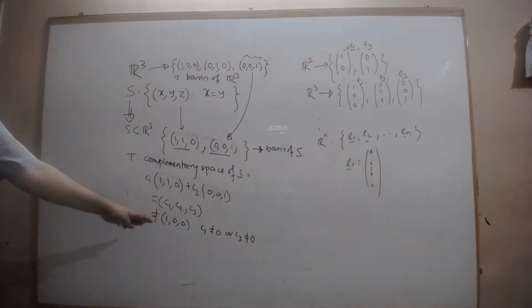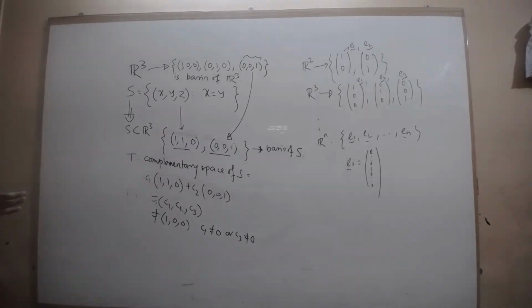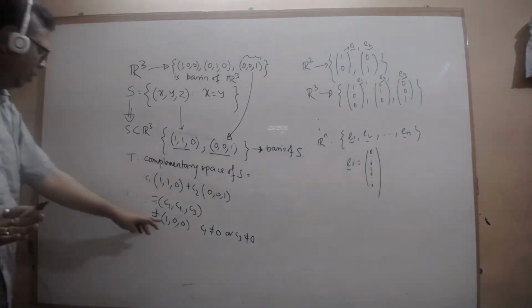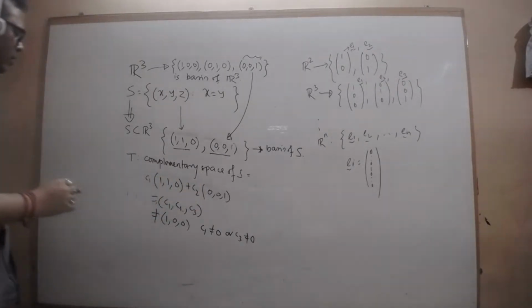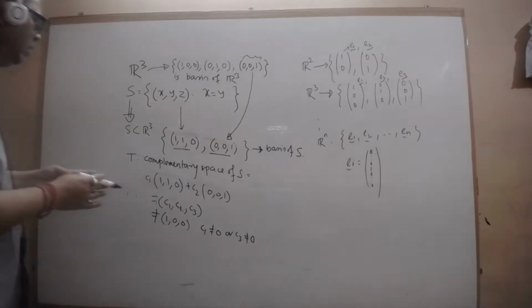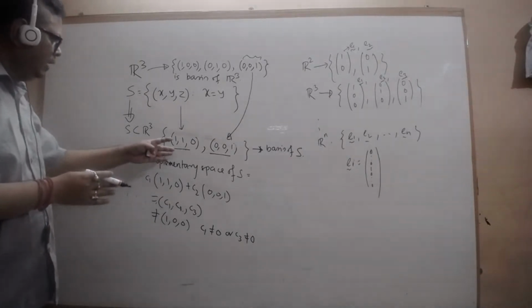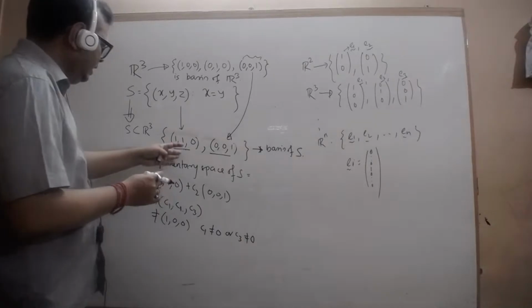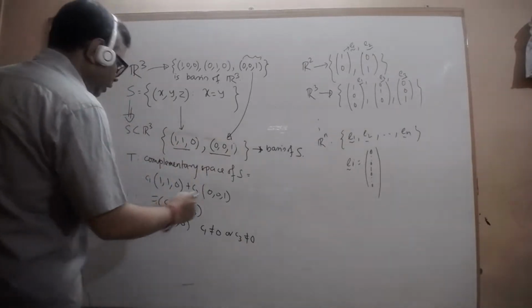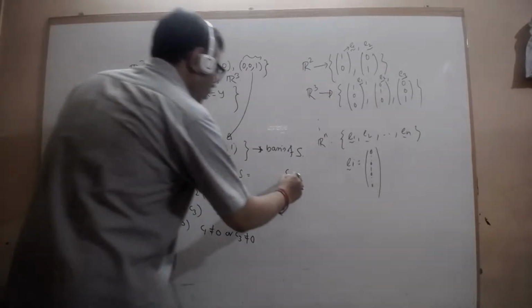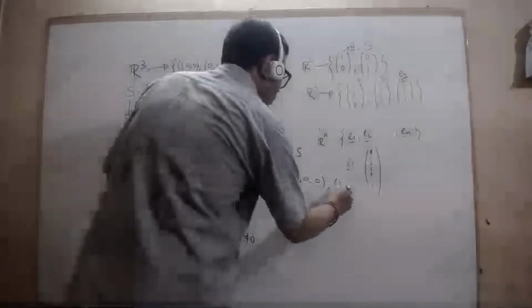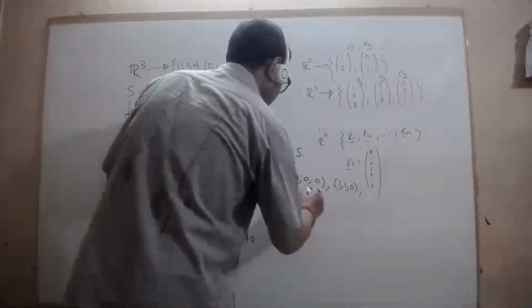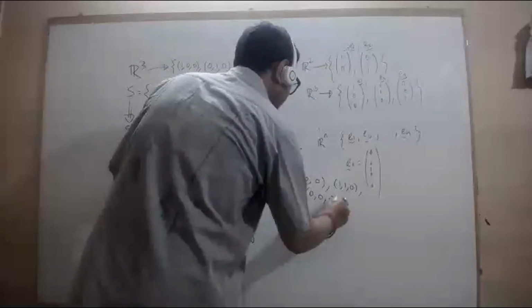In that case, you cannot get 100. So 100 cannot be written as a linear combination of these two vectors. Hence, 100 is an independent vector, or you write this set 100, 110, 001 is a set of independent vectors.